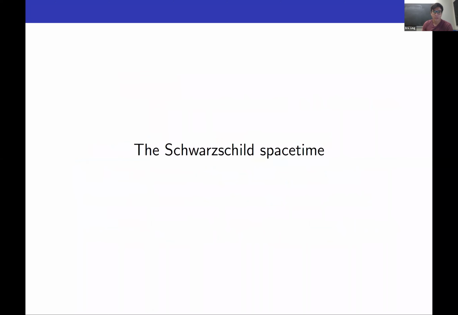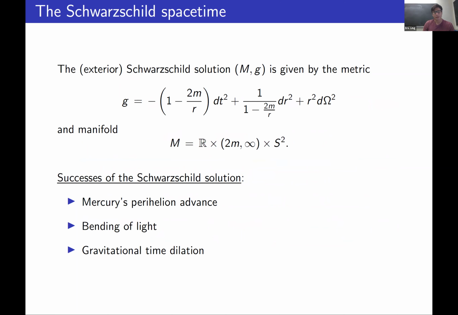Okay, so let's talk about the Schwarzschild spacetime. Right now I'm just looking at the exterior part of Schwarzschild, not the interior part or the black hole. Written here is the Schwarzschild metric. I'm choosing units where G and c are 1. The spacetime manifold is R times (2m, infinity) times S².